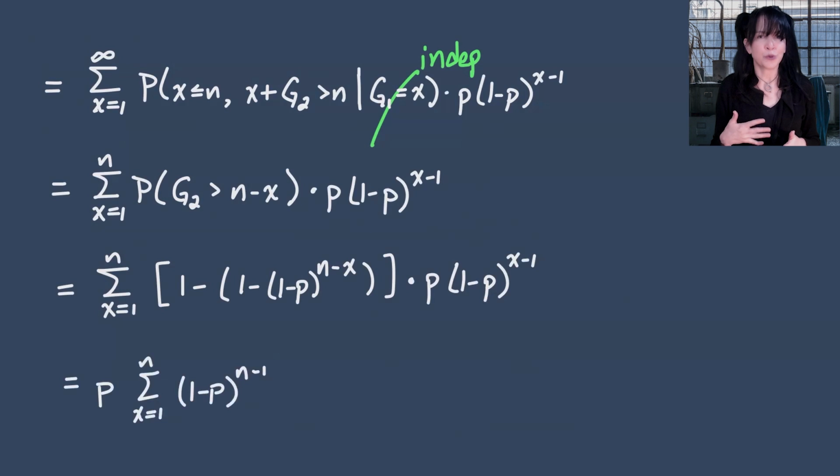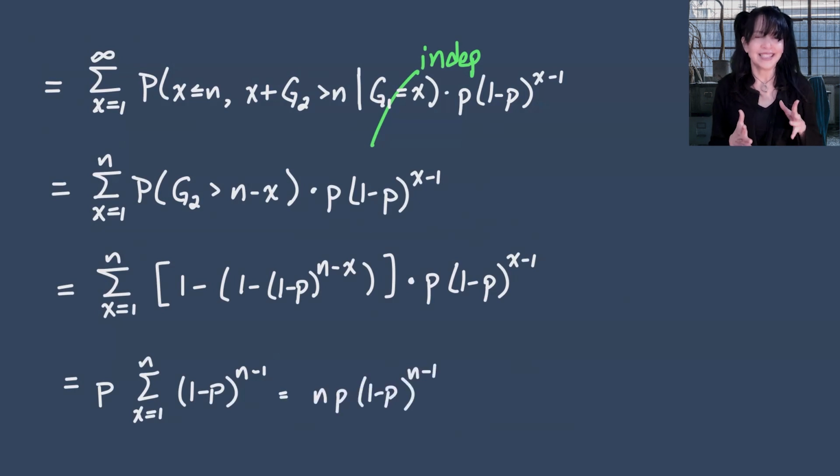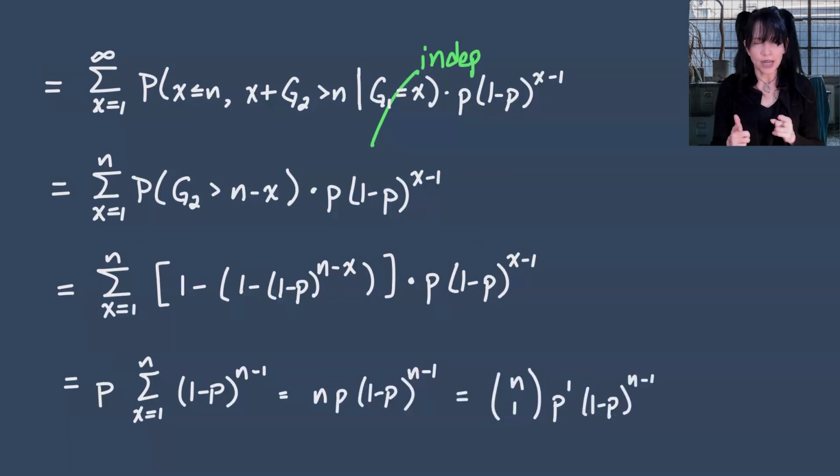There are n terms here, and this sum is n times (1 minus p) to the n minus 1. And lo and behold, this is n choose 1, p to the 1 times (1 minus p) to the n minus 1. This is the expression that represents the probability that x equals 1 if x had a binomial distribution with parameters n and p, and that's what we wanted to show.